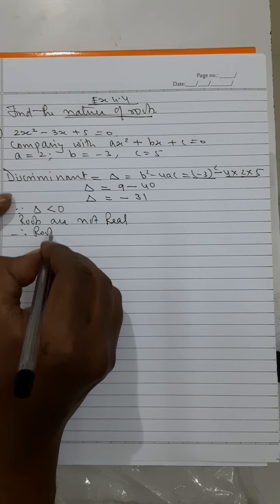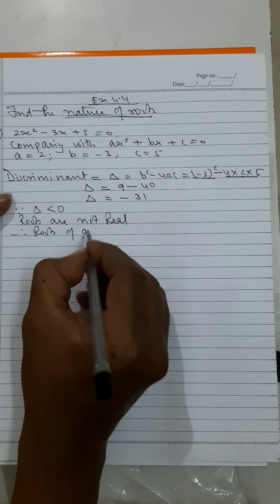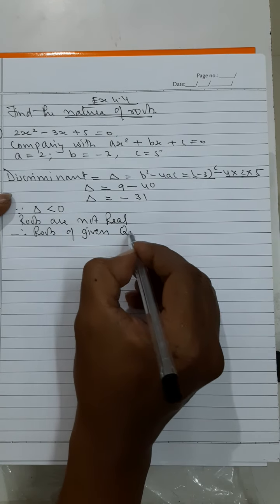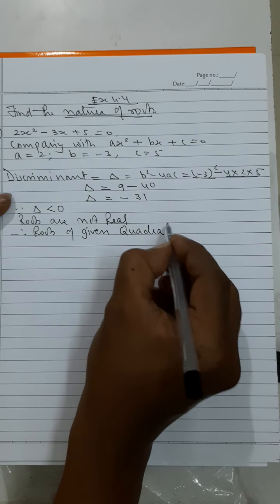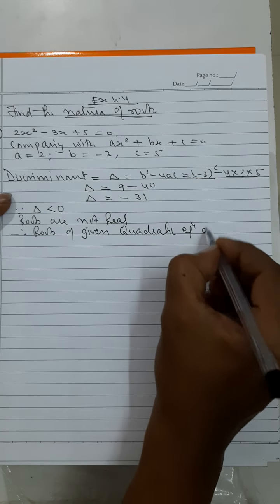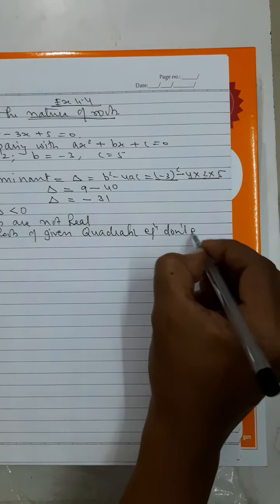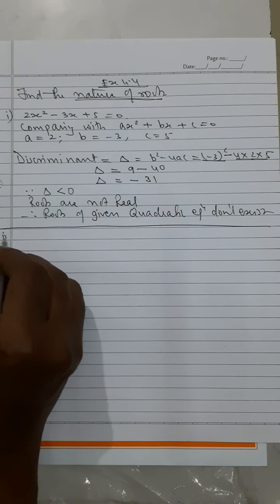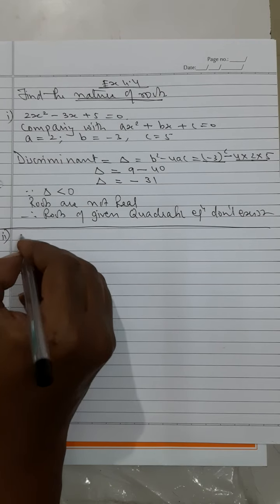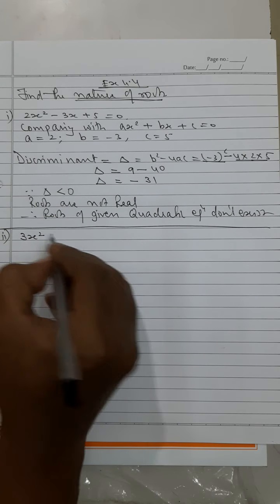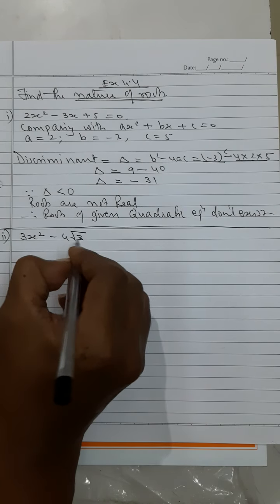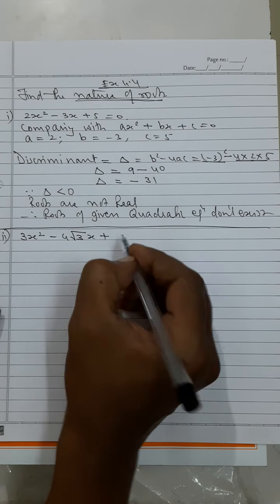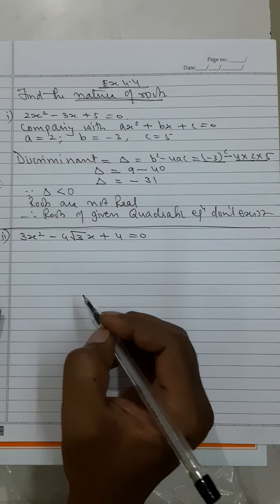Therefore, roots of the given quadratic equation don't exist. Simple as that. Okay, so now we go to the second question: 3x square minus 4 root 3 x plus 4 equals 0.